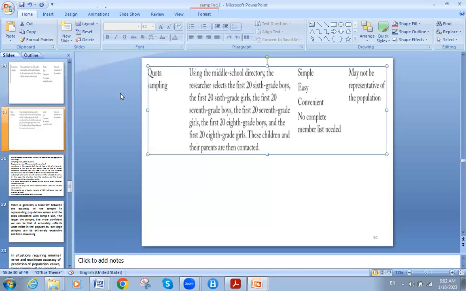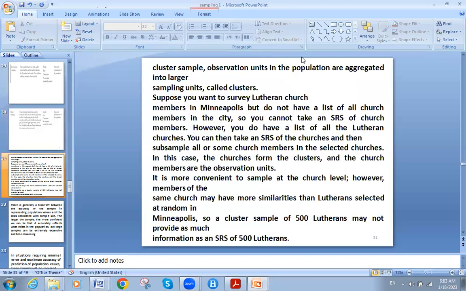Then the parents will be contacted to come and get their kids with them for the sampling. Simple, easy, very convenient. No complete list is required. The list is not required here in the quota sampling. But it may not be representative also for the population.